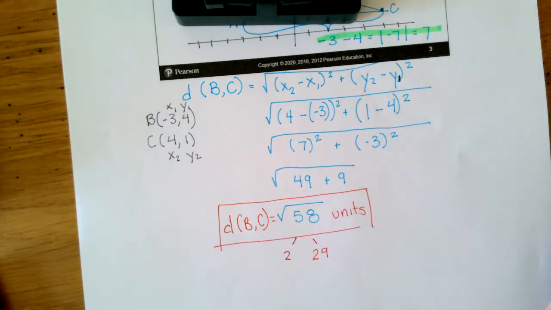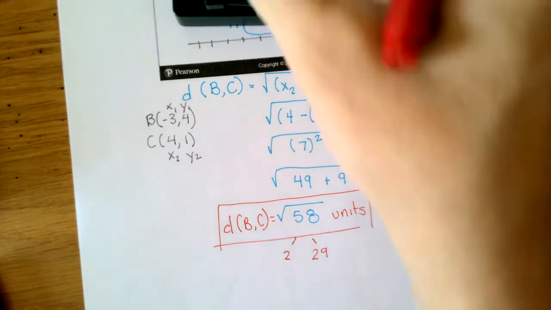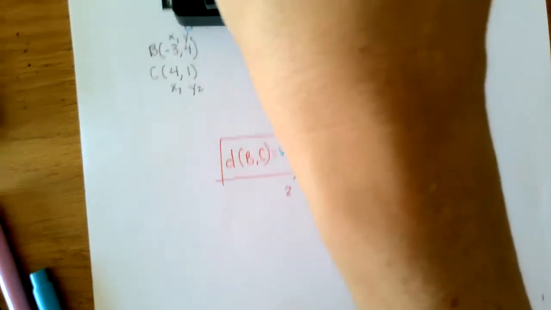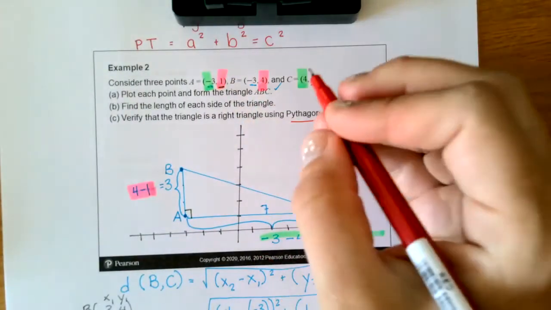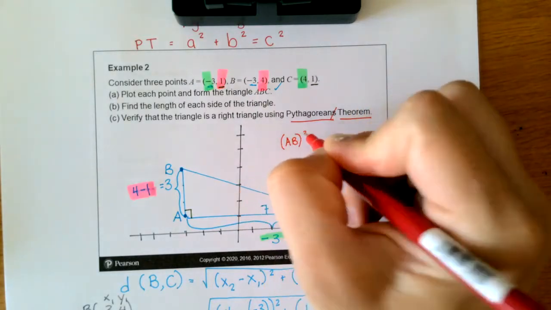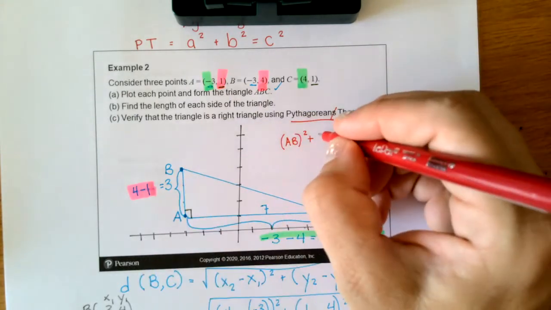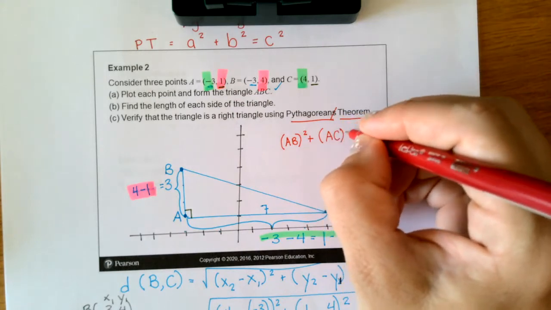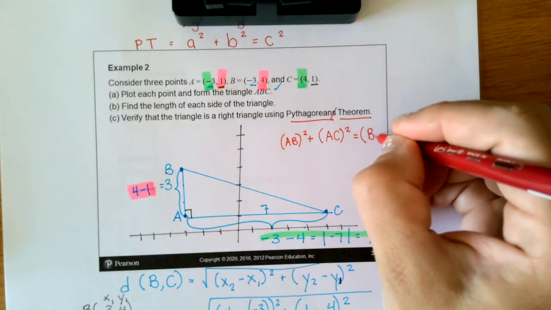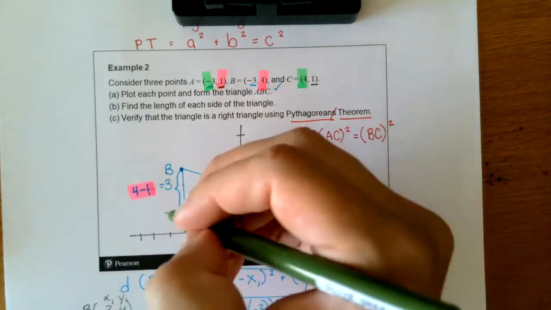And then is this a right triangle? If it's a right triangle, AB squared, that distance, plus the other shorter distance, AC squared, will equal BC, the longest side, squared. All right, so we'll just quickly replace those.